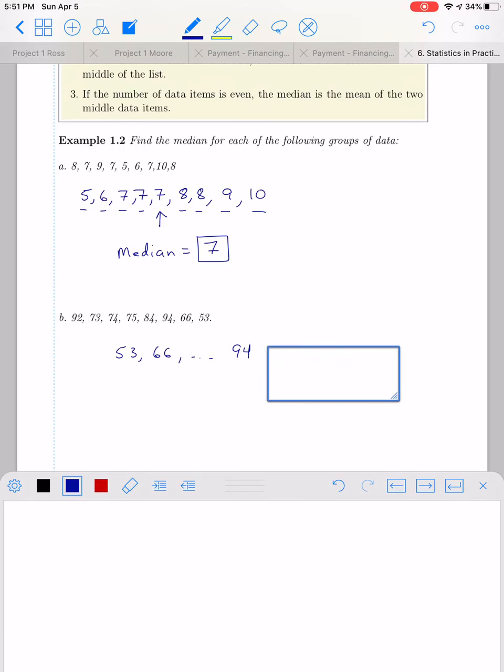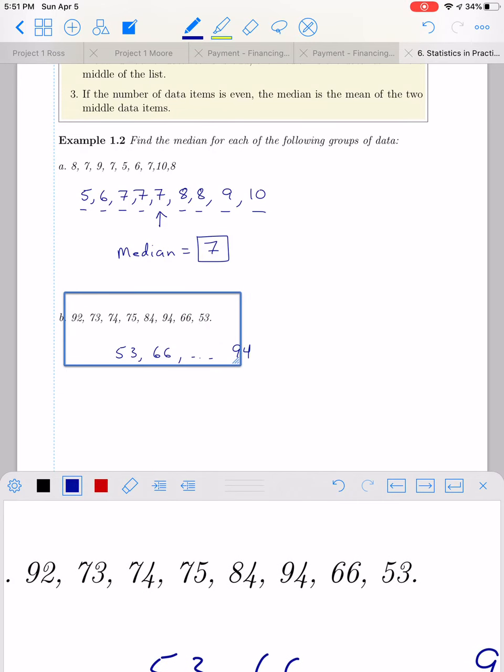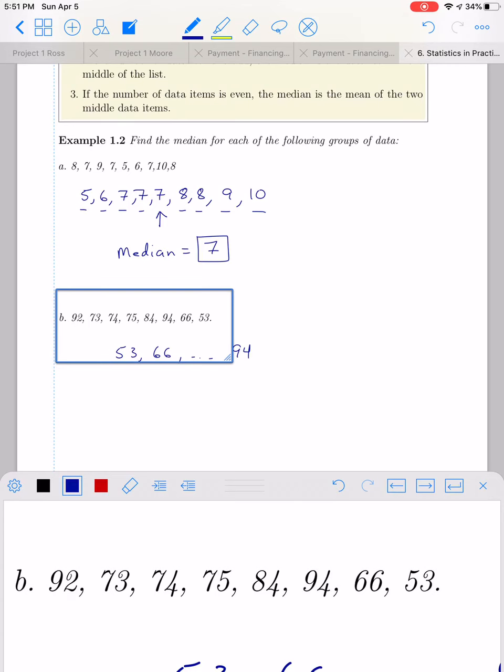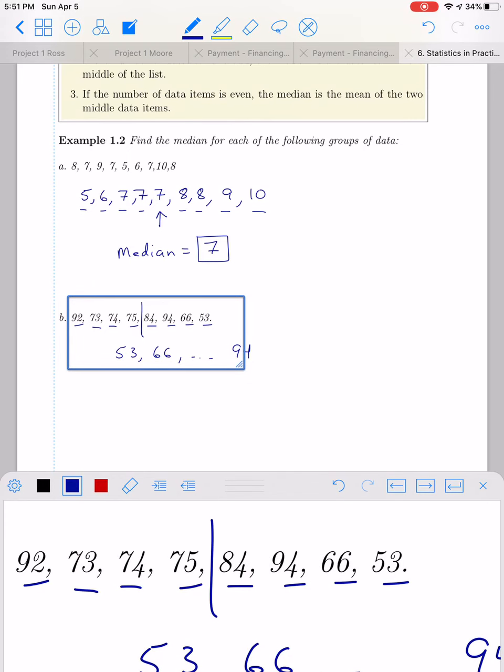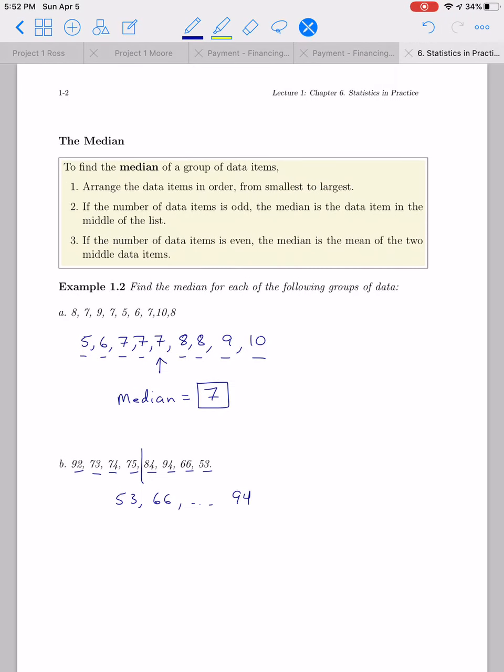If there's an even number of elements, as there are 8 in this situation, the median is going to occur between two numbers, so whatever those two middle values are, add them up, divide by 2, and you'll get the median. Okay, so we'll leave that as an exercise though.